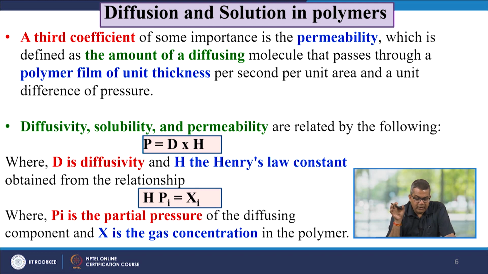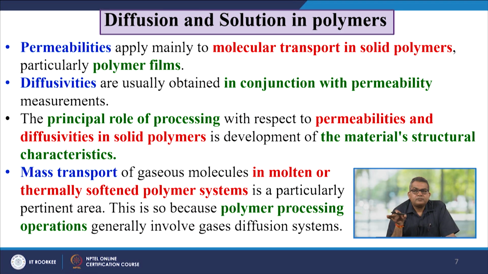So, the diffusivity, solubility and permeability are related by the equation P is equal to D times H, where D is the diffusivity and H is the Henry's law constant. This can be obtained from the relationship H Pi is equal to Xi, where Pi is the partial pressure of the diffusing component and Xi is the gas concentration in the polymer.